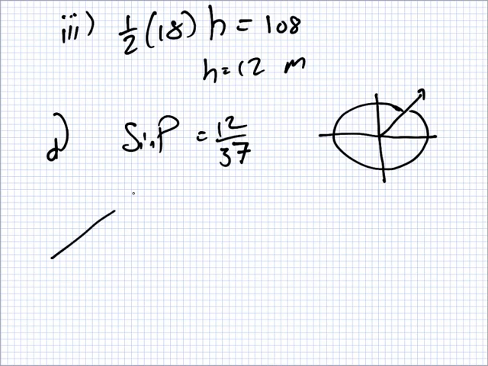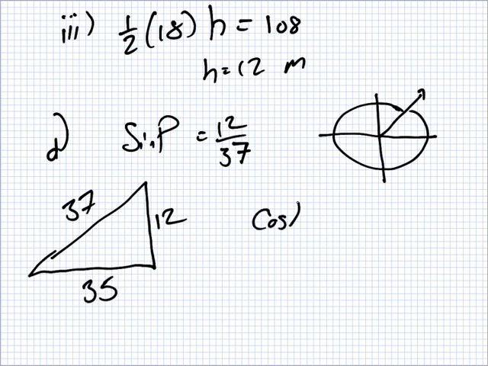So if you draw the triangle, this is 12, this is 37. Square root of 37 squared minus 12 squared, that's 35. Cos P is 35 over 37. Is it the last one, 35 over 37? Yes, it is.